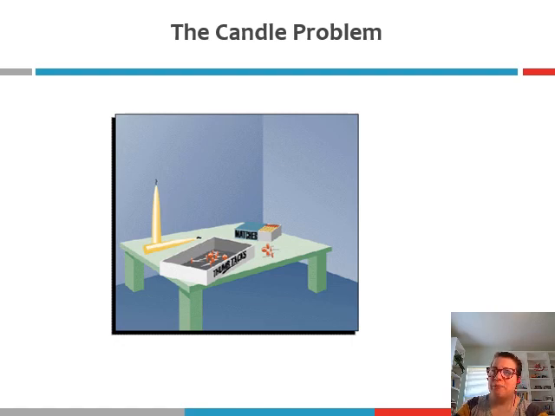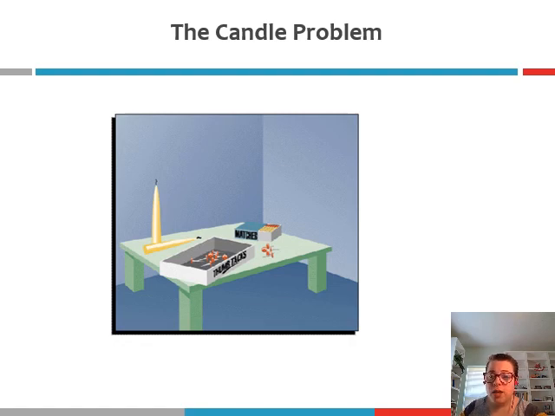On that table there are three objects: a candle, a box of matches, and a box of thumbtacks. Your task is to find a way to attach the candle to the wall of the room so that it burns properly, using no other objects than those on the table.